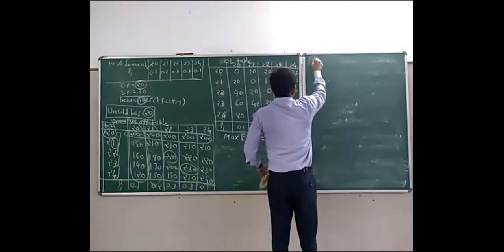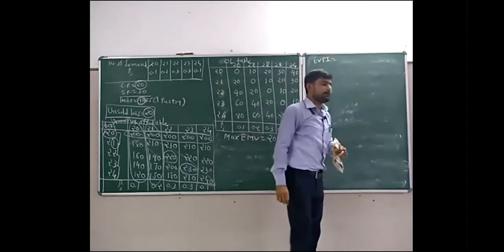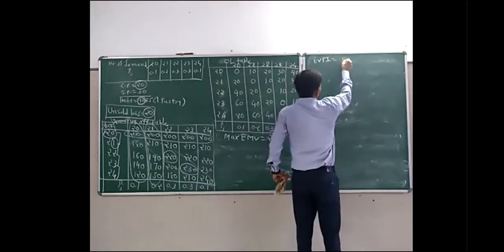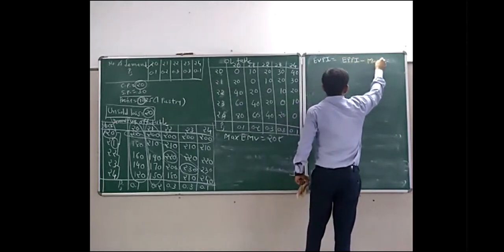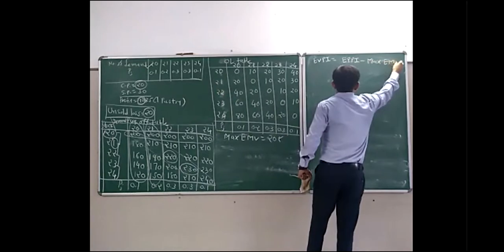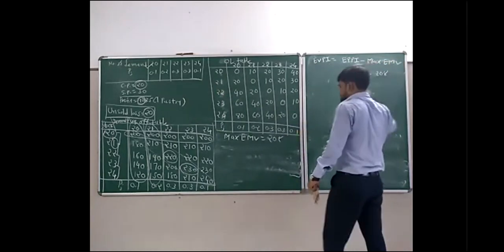Now we'll find EVPI. What is the formula of EVPI? EPPI minus maximum EMV. The maximum EMV we already have is 208.